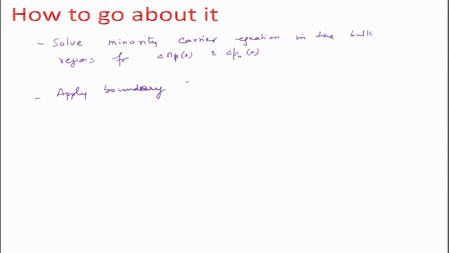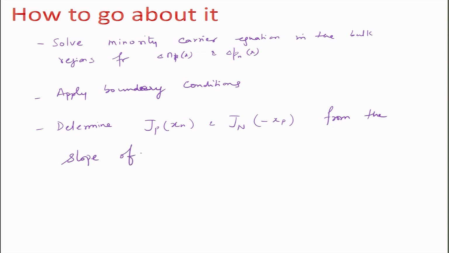So the solution requires application of boundary conditions, and then determine Jp at xn and Jn at minus xp, which means at the far ends of the semiconductor device, away from the depletion region, from the slope of delta Np at minus xp and delta Pn at xn.